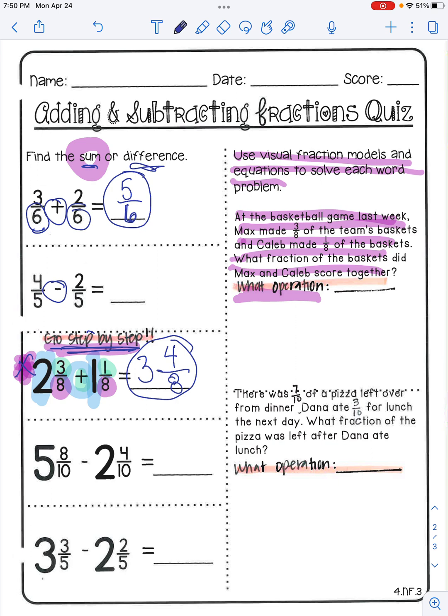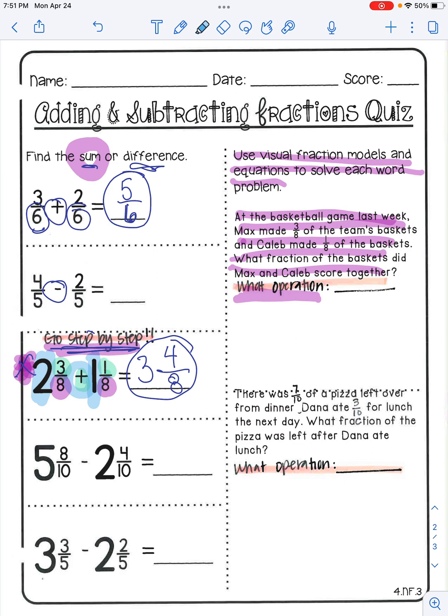Okay, so let's go ahead and read this problem. Use the visual fraction models and equations to solve each word problem.